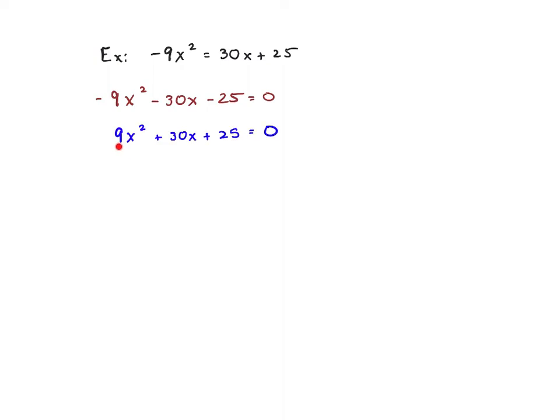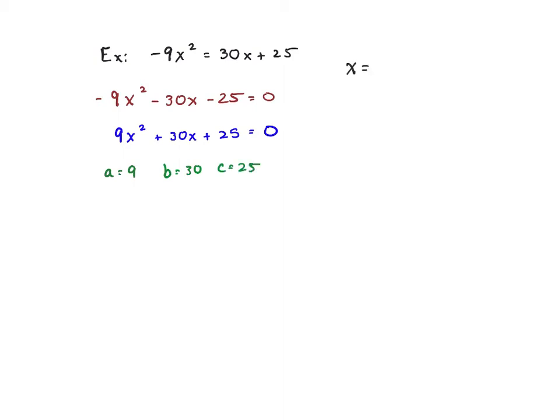If there was any other number, if I could divide everybody by 9, for example, I would certainly do that. Or even if I could just divide everybody by 2, I would do that. But I can't. But I could divide by negative 1. And now we know what A is. A is 9, B is 30, C is 25.